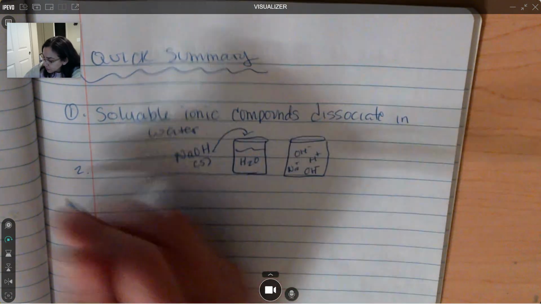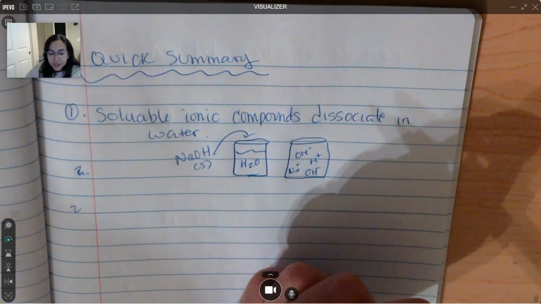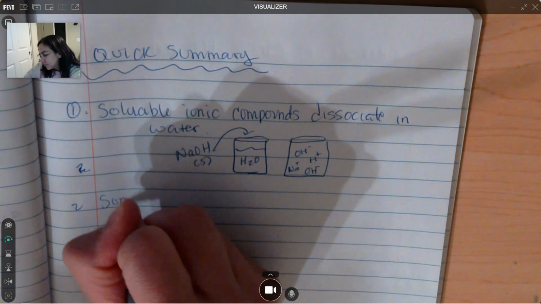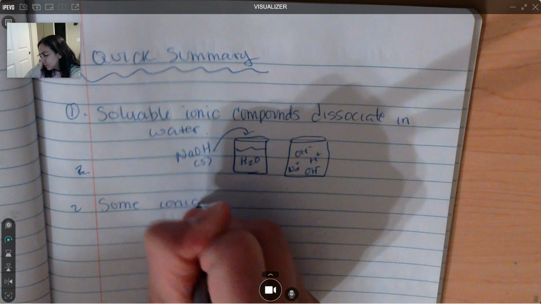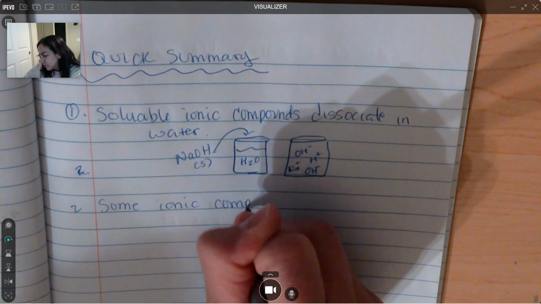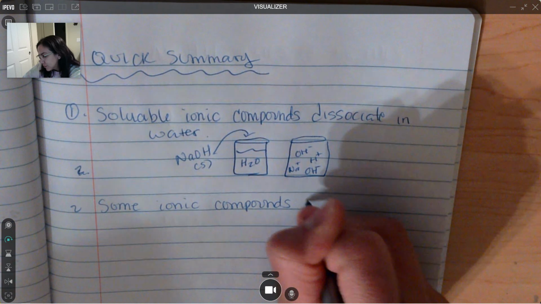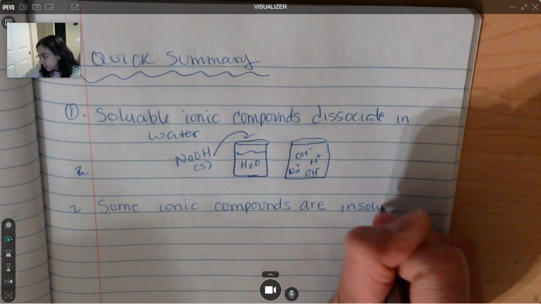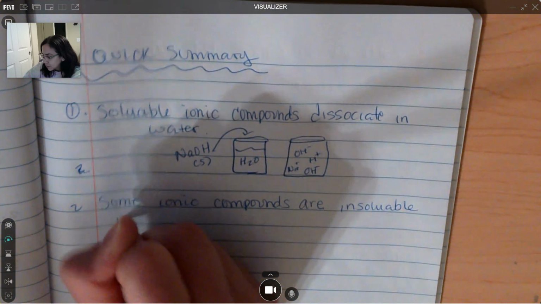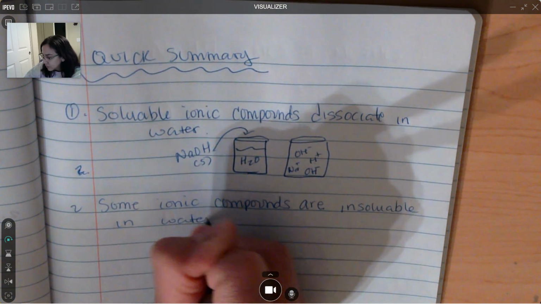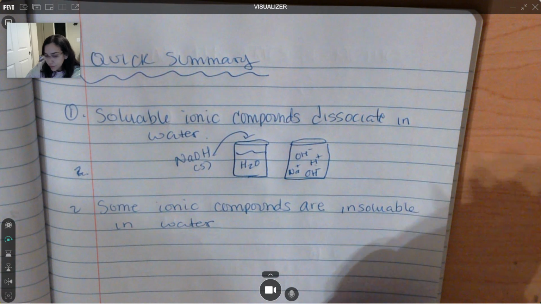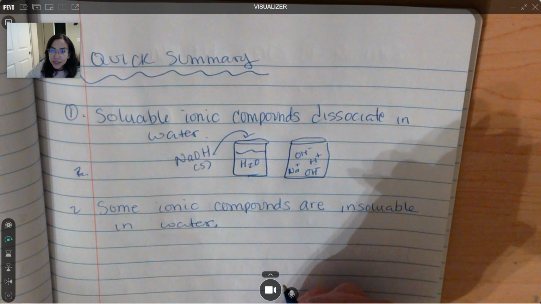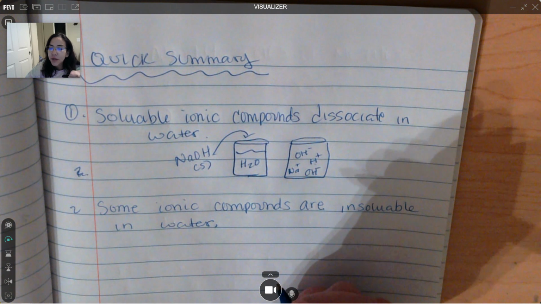Number two is some ionic compounds are insoluble in water. Sometimes not everything is completely soluble in our water, right?